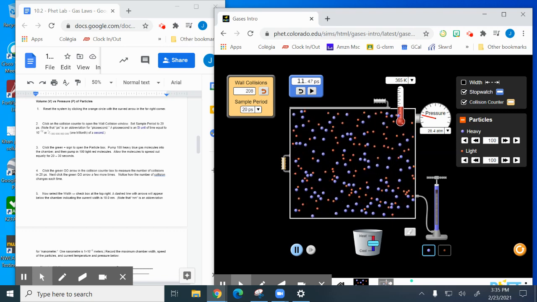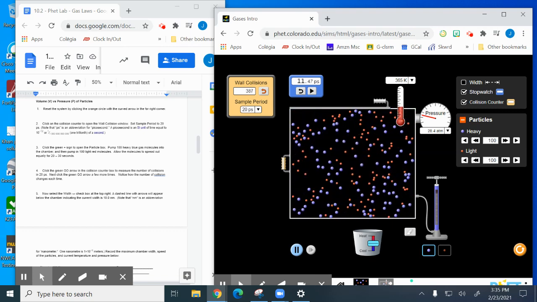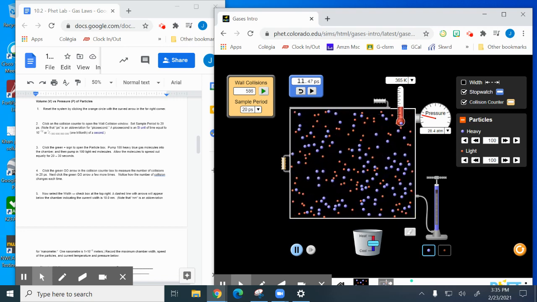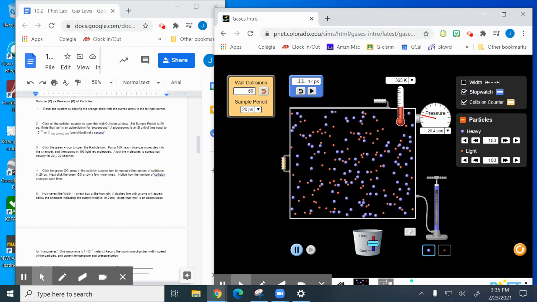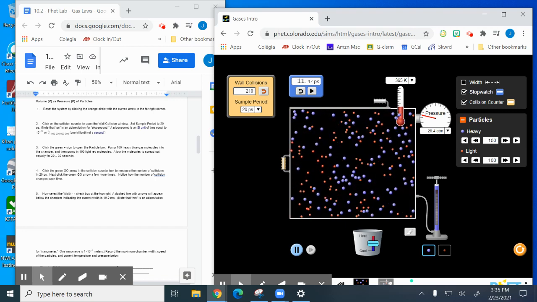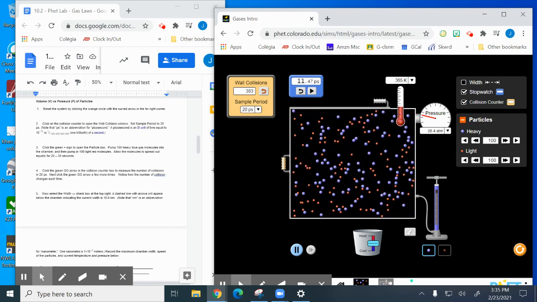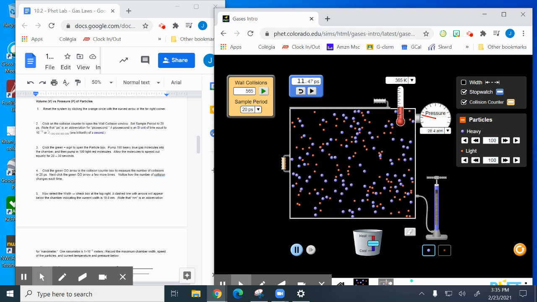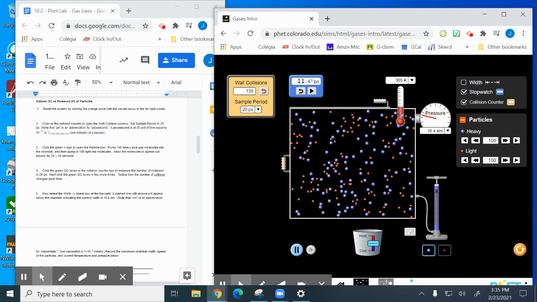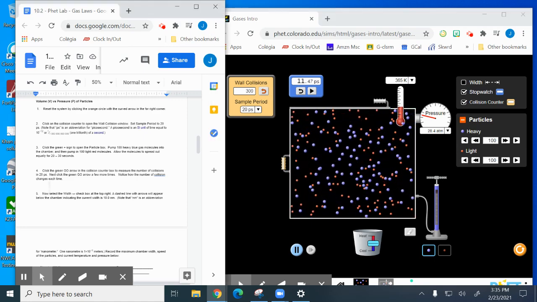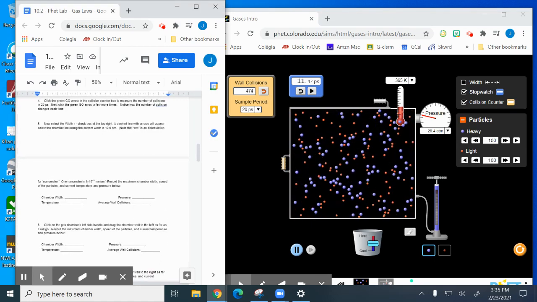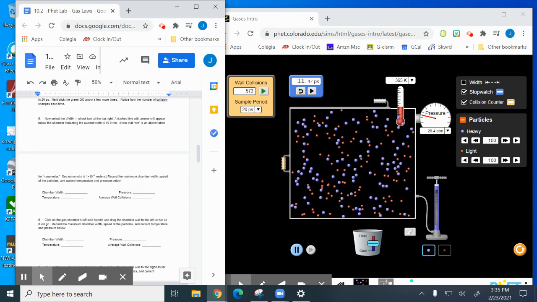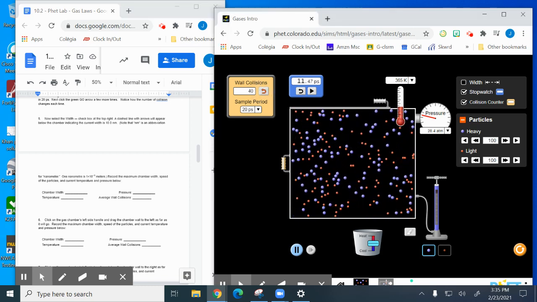He wants us to do this a few times, and what we're going to find is that it's similar, but not the same, because when we talk about pressure, we're talking about the average number of wall collisions in a particular time, not the exact count. 565. We'll do it one more time. 573.